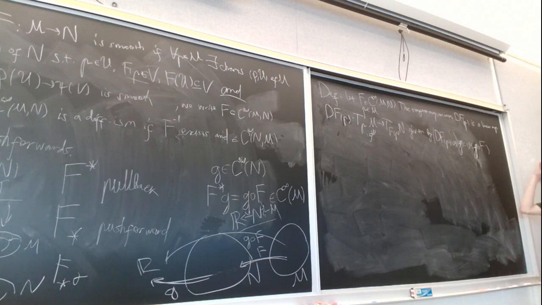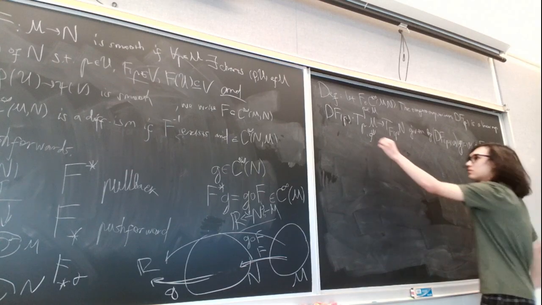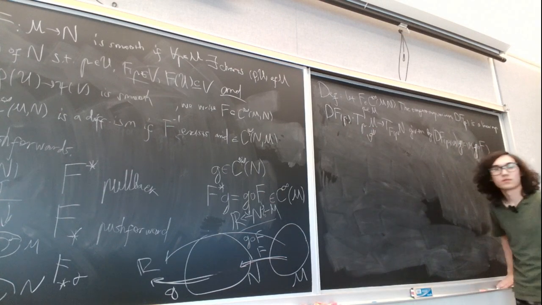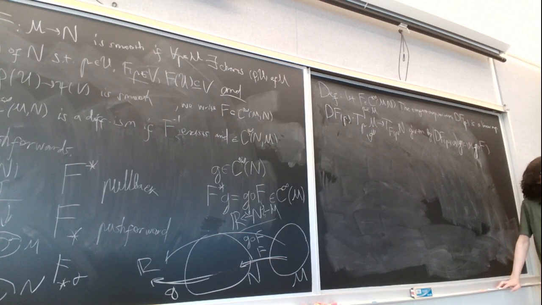V is a tangent vector, right? What do tangent vectors do? What was the tangent vector from last time?